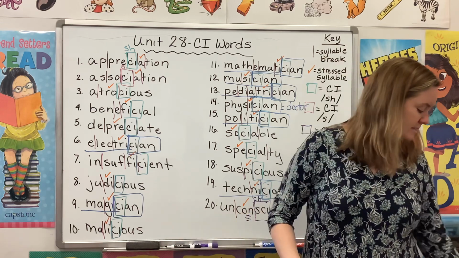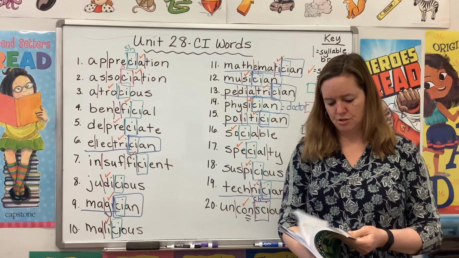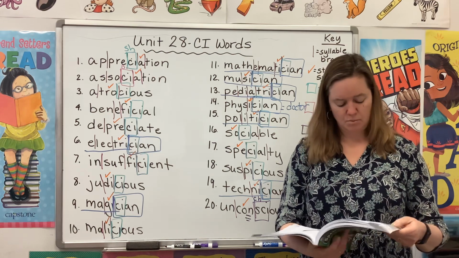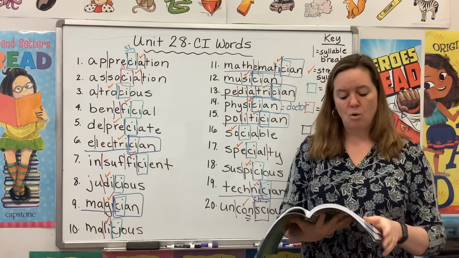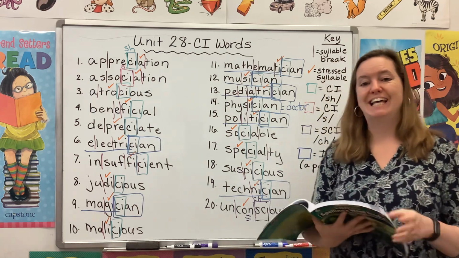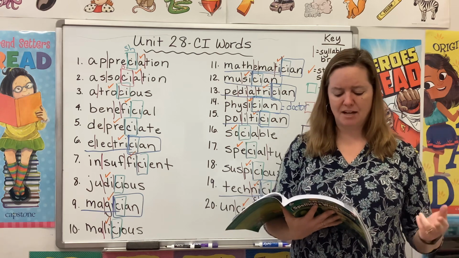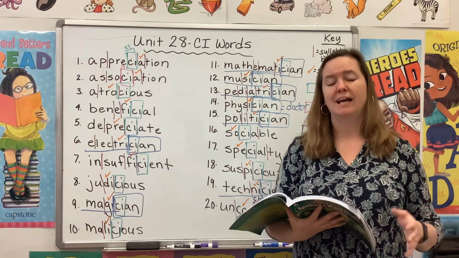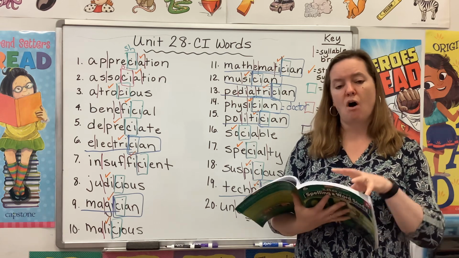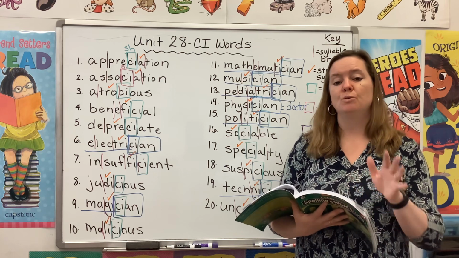When you get to page 176, you're going to take a whole bunch of words that end with that ick sound: politic, mathematic, pediatric, electric, statistic, magic, music, and you are going to turn all of those adjectives to nouns.